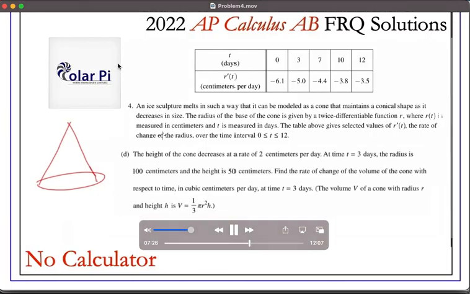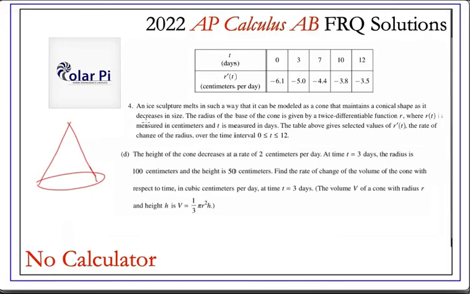In part D, remember, they described the ice sculpture as conically shaped, and immediately the question screams related rates. It says the height of the cone is decreasing at a rate of 2 centimeters per day, so that's -2 centimeters per day.